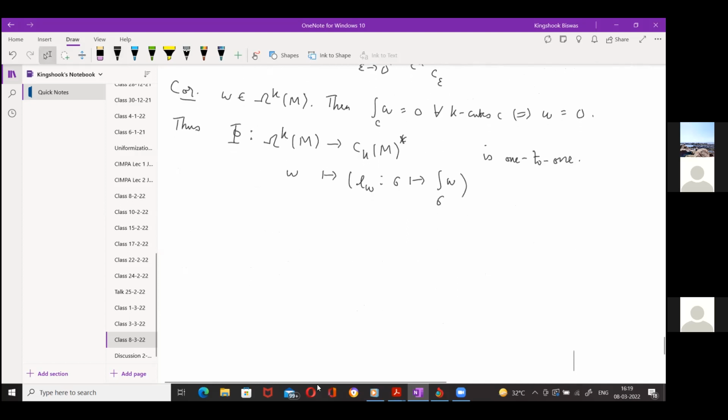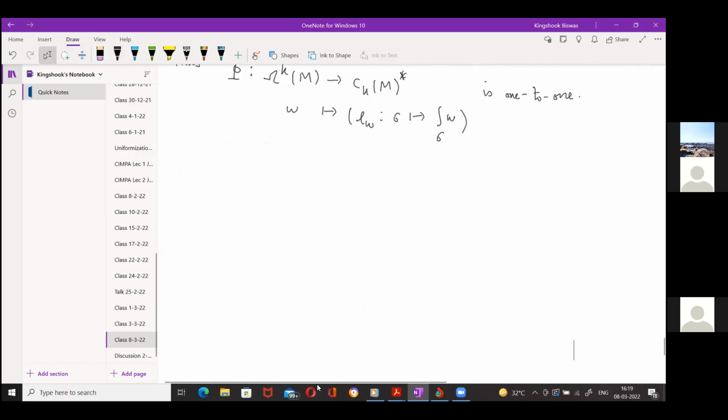So now let me write it like this. Delta, let me write it as going from C_{k+1}(M) to C_k(M), has a dual map, delta star.